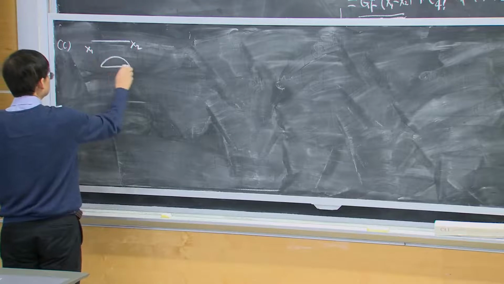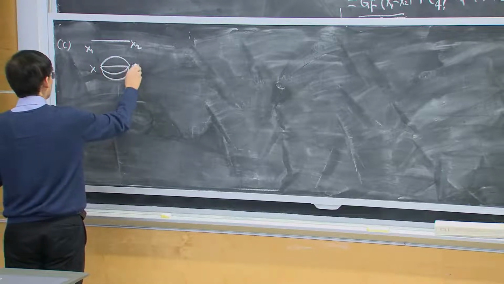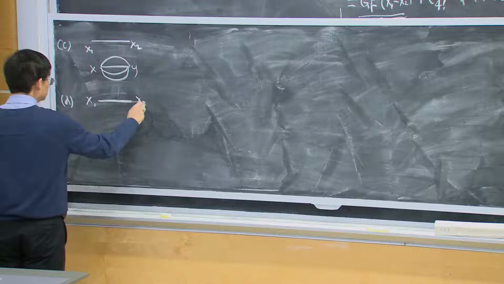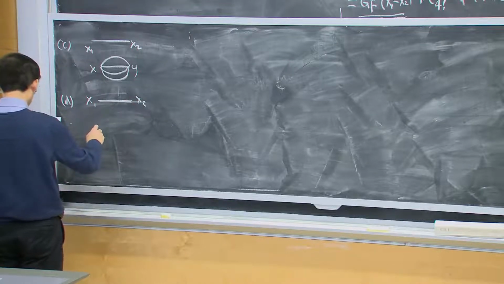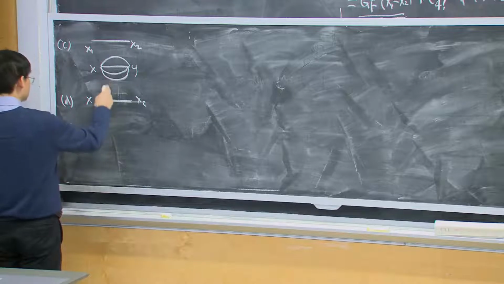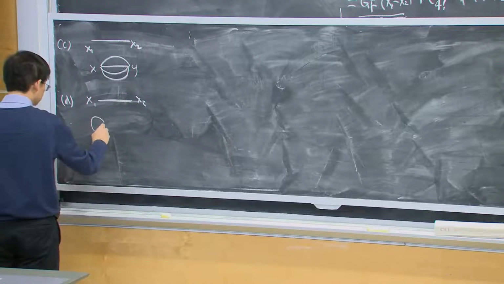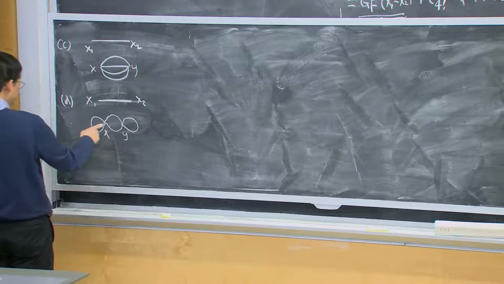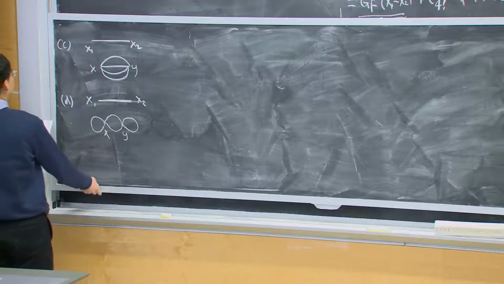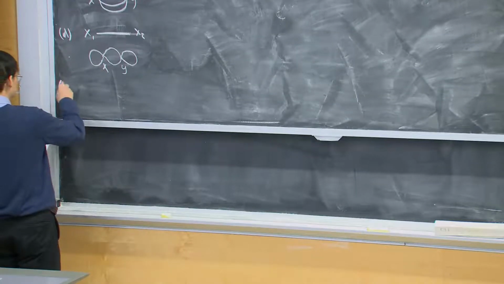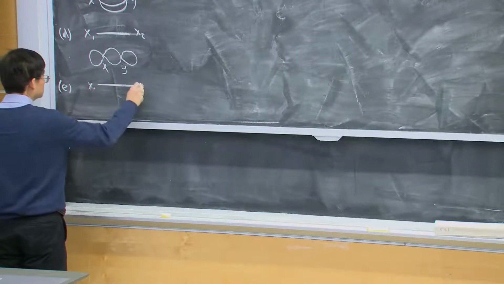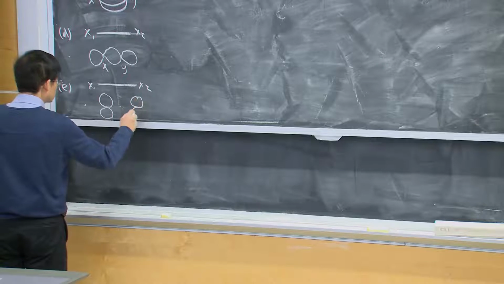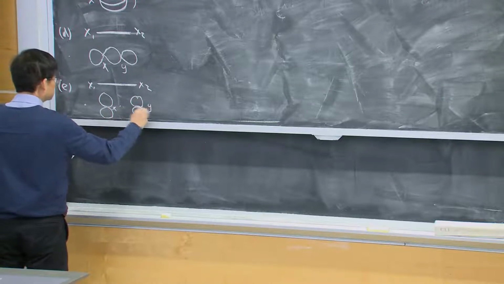There are 4 of them. Just connect x and y like this. Or you connect x1, x2 to itself, and then you again have to connect x and y, but you can connect not just between x and y, you can also have that: some of x is contracted with y, and some of x is contracted with itself. And then you have the last possibility: you have x1, x2, but then x just contracts with itself, and y also contracts with itself.